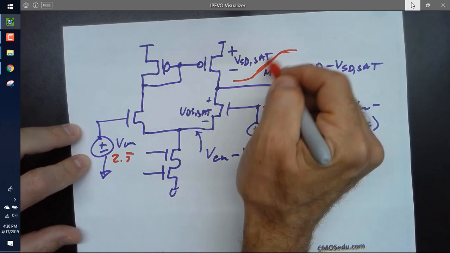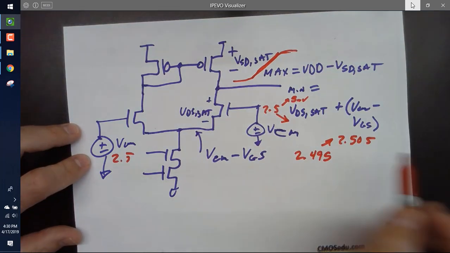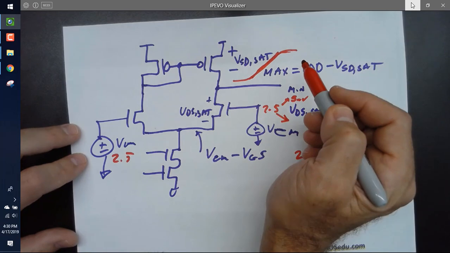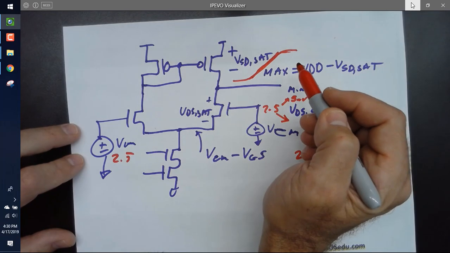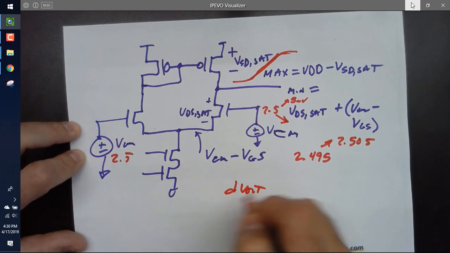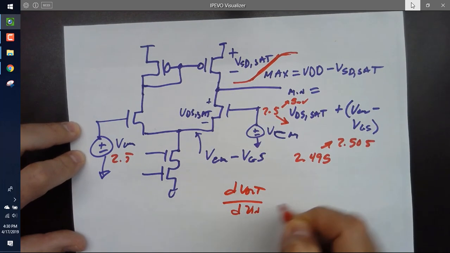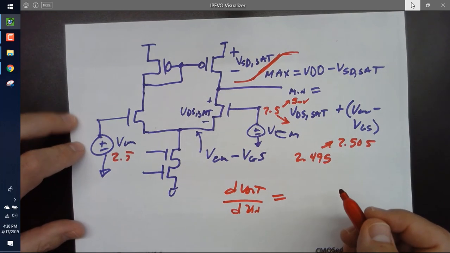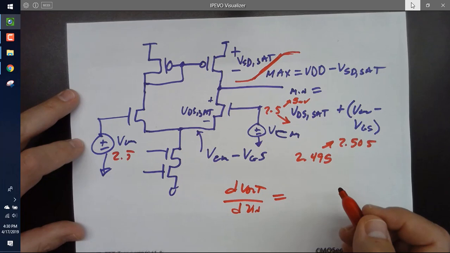But what's the slope of this line as I change one of the inputs? What's the slope of the output as I change one of the inputs? What is dV out, dV in equal to? You're killing me.